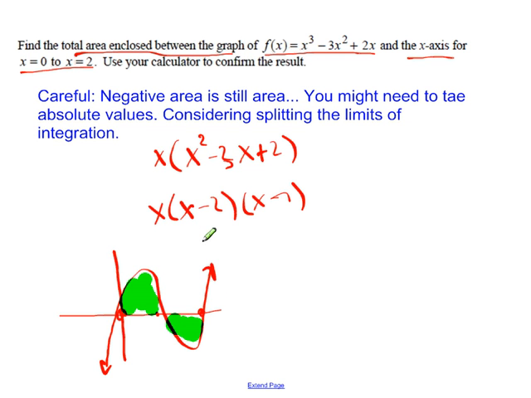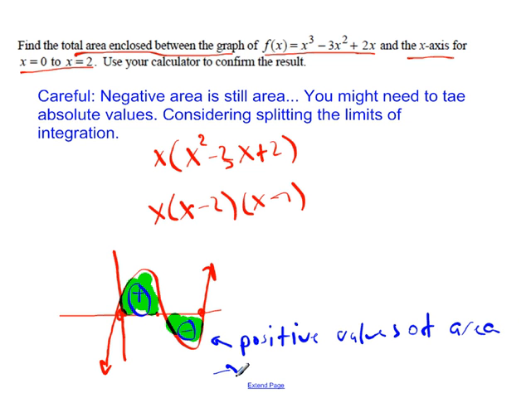Now, the reason why we need to take caution is that when we integrate, by default, this area is considered positive and this area is considered negative. But if what I'm trying to consider is just the total amount of area that's contained by this graph and the x-axis, I want to be thinking about positive values. In other words, I want to be taking the absolute value.